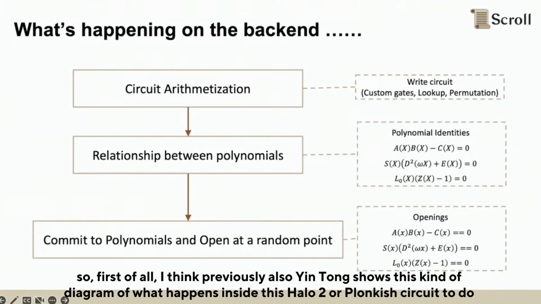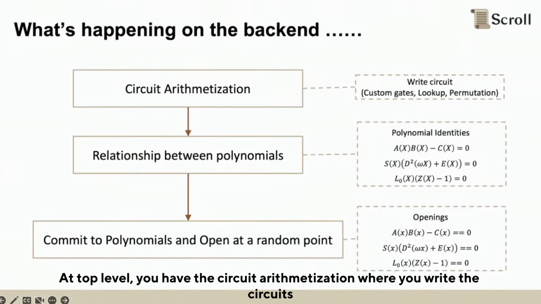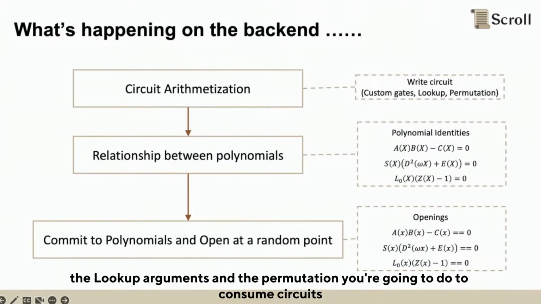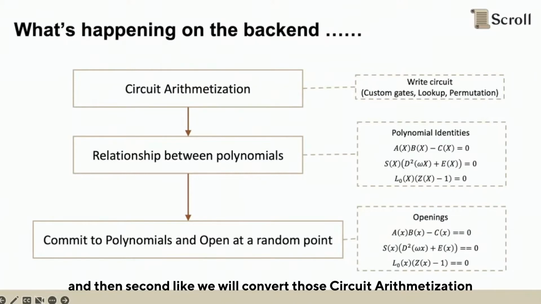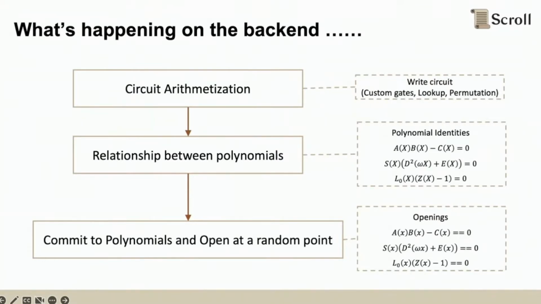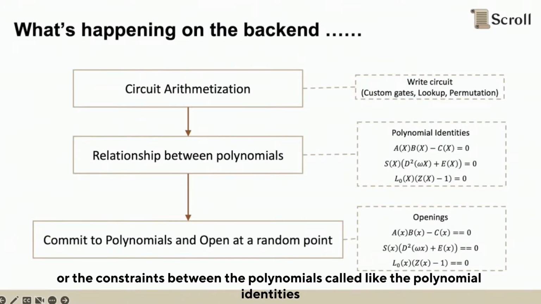First of all, previously Yingtong also showed this kind of diagram of what happens inside this Halo2 or Plonkish circuit. At the top level, you have the circuit arithmetization, where you write the circuits. You define all of your custom gates, the lookup arguments, and then the permutation you're going to do to constrain the circuits. Second, we convert that circuit arithmetization into polynomials, and it becomes the relationships, or constraints, between the polynomials.